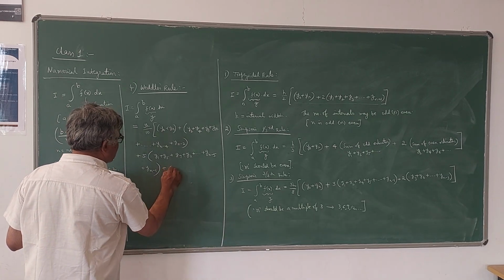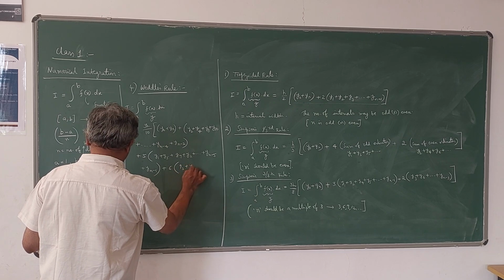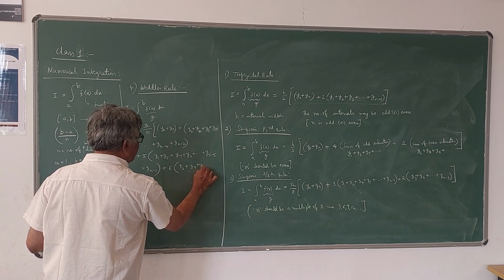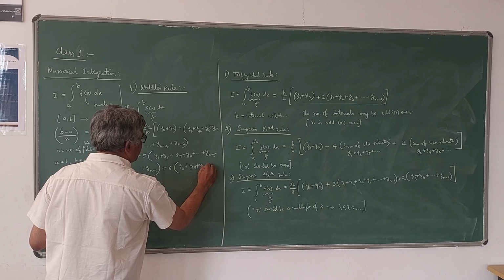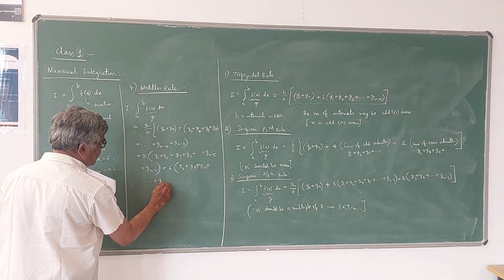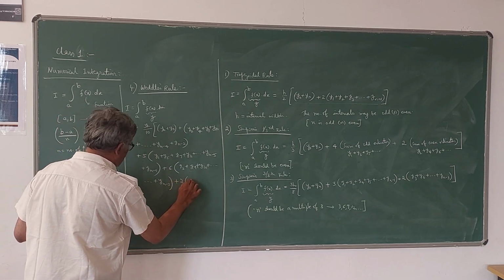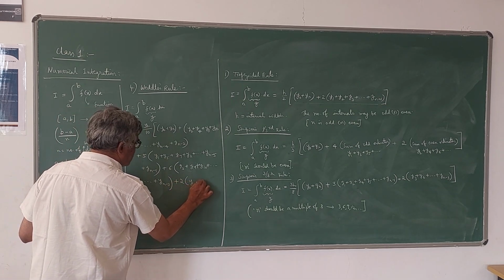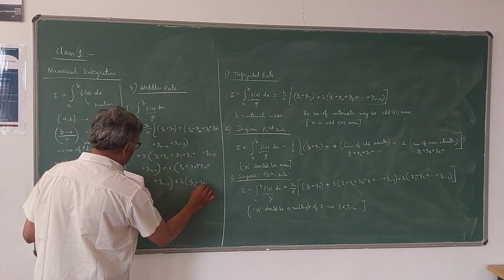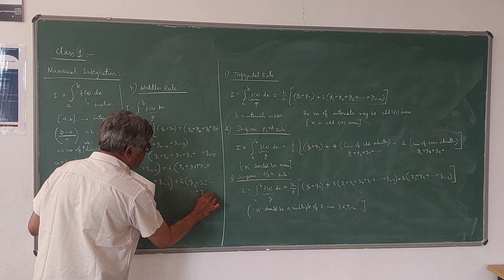Plus 6 times y3 plus y9 plus y15 up to yn minus 3, plus 2 times y6 plus y12 etc. up to yn minus 6.